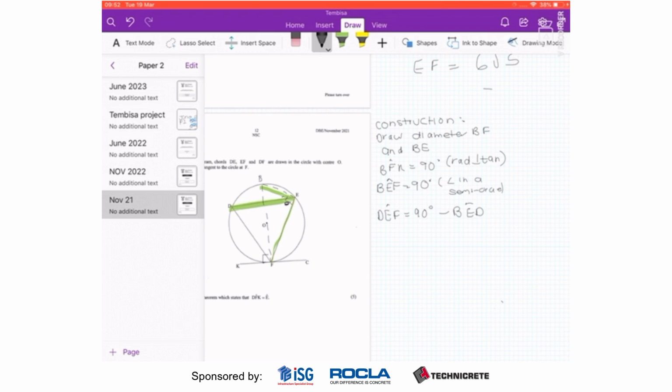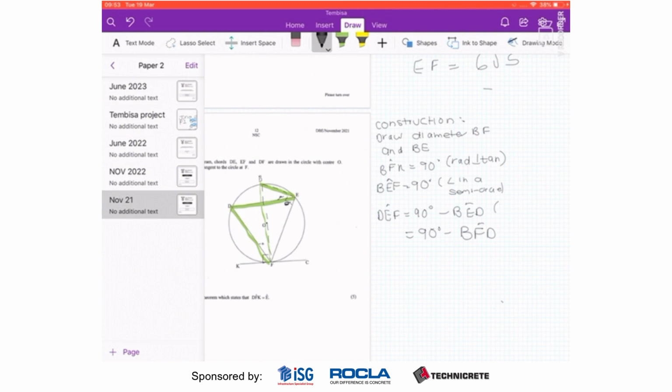But BED, which is here, is also equal to BFD. The reason is angles in the same segment. If you can't see it, I'll draw it for you. I'm saying that this angle is equal to this angle. So we can say that DEF is also equal to 90 minus BFD.